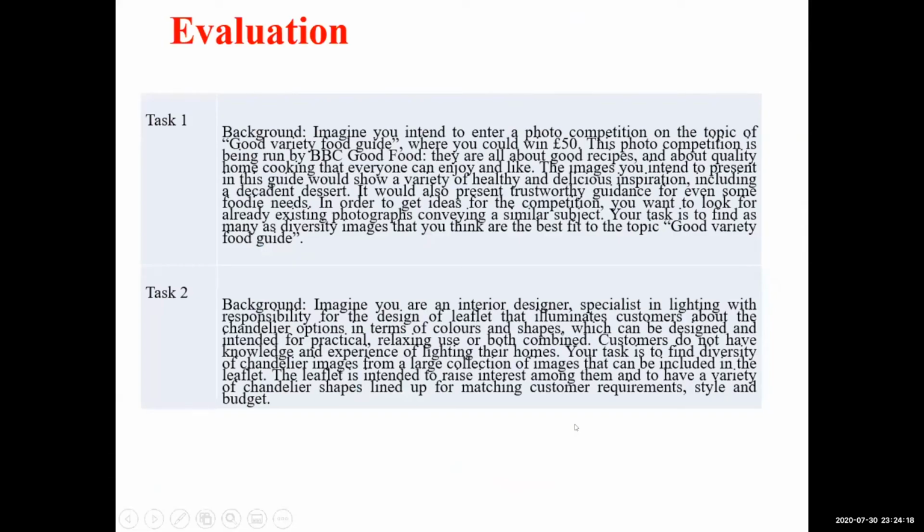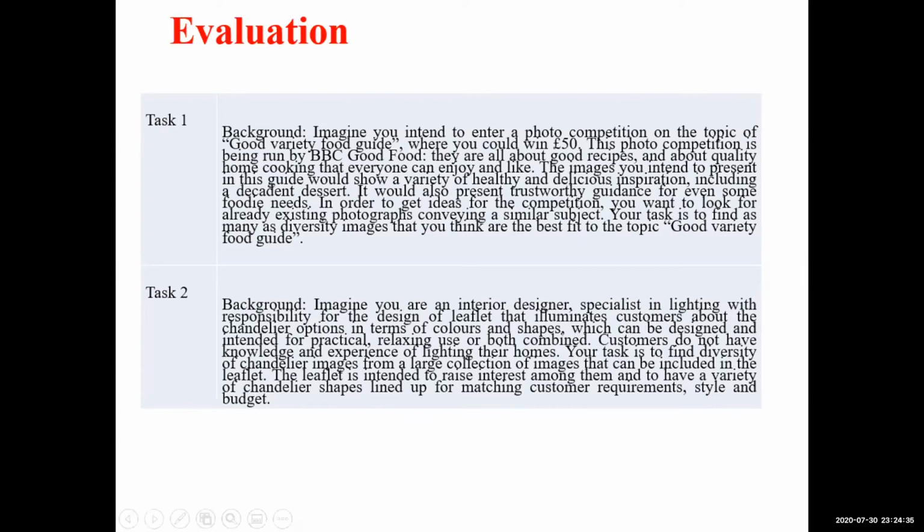To evaluate our system, we give participants two different tasks. One task, in summary, is to use a diversity of food to bring together a food leaflet, with different kinds of food like vegetarian, meat, and so on.